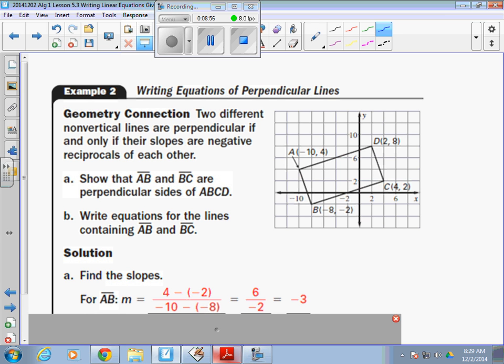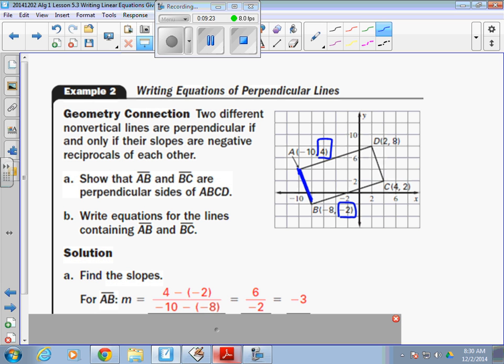So when you look at the slope for the line AB, that's this line here, you use the 2 points, negative 10, 4 and negative 8, negative 2. When you plug those values in, y sub 2 minus y sub 1: 4 minus negative 2.